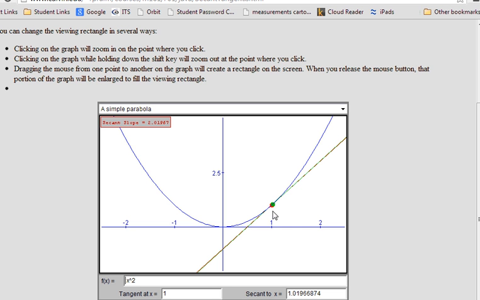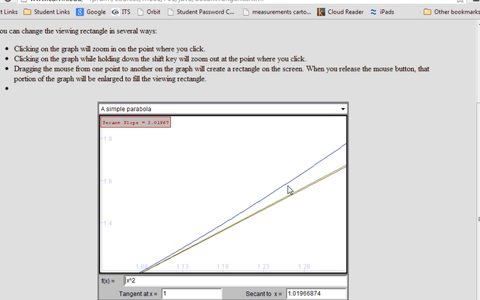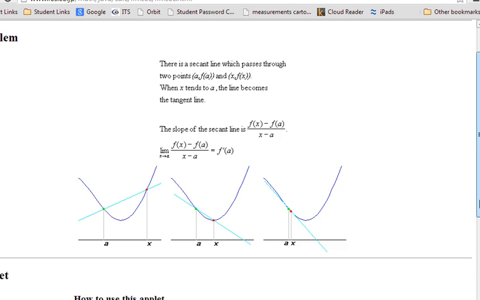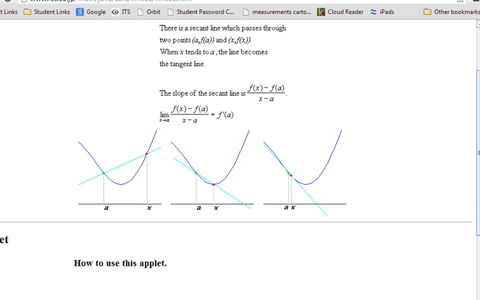That's how we're going to find the slope, because otherwise I don't know how you'd do it with just one point. We'll get to this formula later today, but we want to bring that point closer and closer so it becomes our tangent line. That's our goal in calculus, so we're going to write that down.